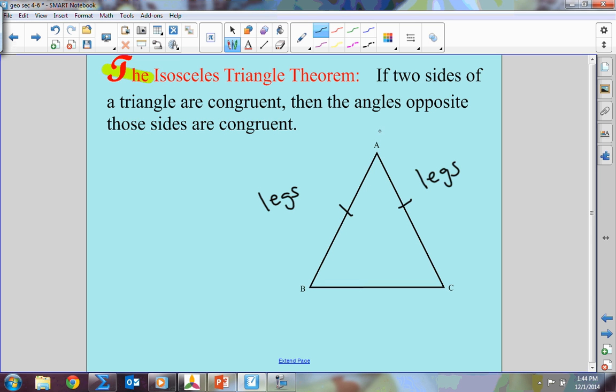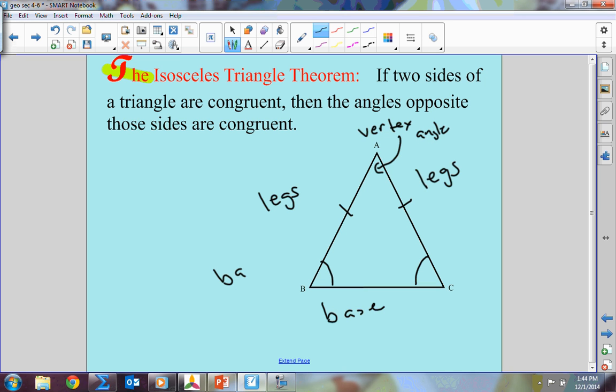Now, the intersection of the legs is the vertex angle. So when you hear something reference the vertex angle of an isosceles triangle, it's talking about the angle between the two congruent sides.